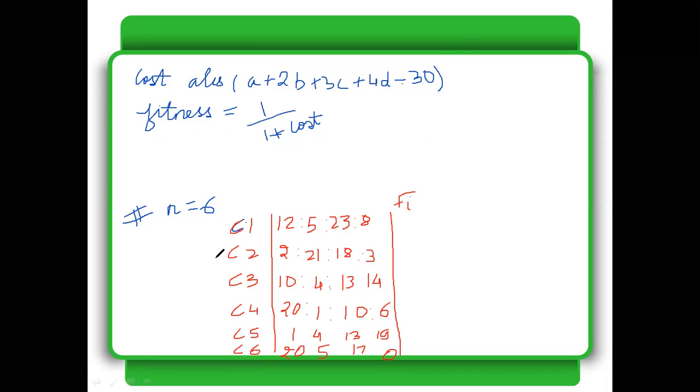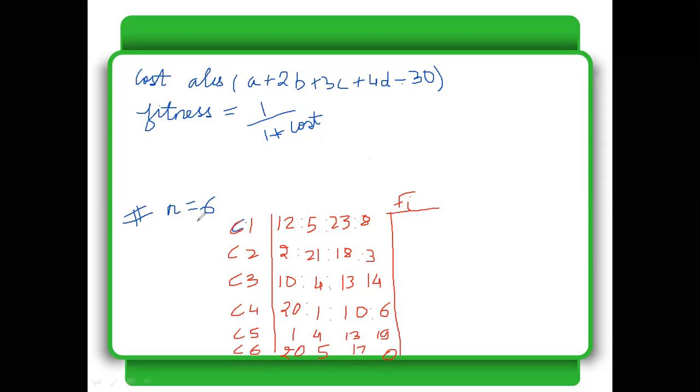They come to 93 for C1, 80 for C2, 83 for C3, 46 for C4, 84 for C5 and 55 for C6. I have already pre-computed it on a sheet, so you can do that.